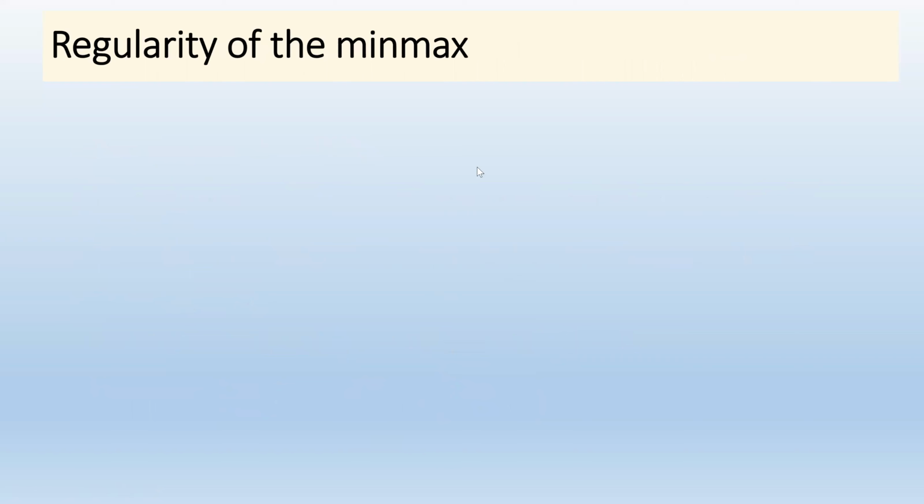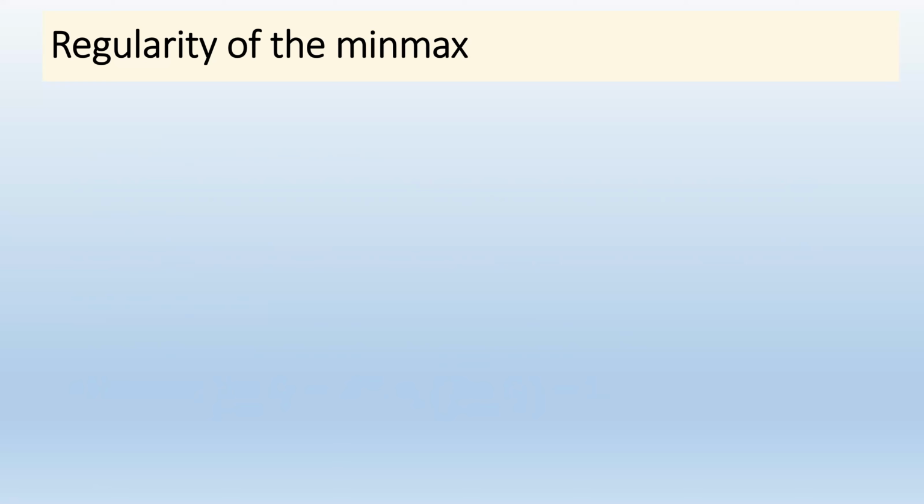It still has an attribute, again, that was mentioned yesterday, that we will heavily use, something that we call regularity. From probability theory, we know that the probability measure is a regular operator. This means that given a probability measure and a set W, under conditions that are not too restrictive, the probability of a set is equal to the supremum of the probabilities of closed subsets of that set.